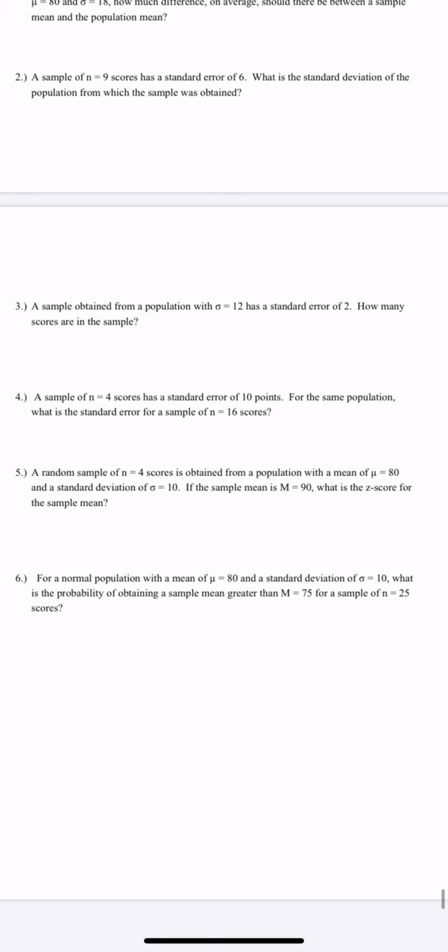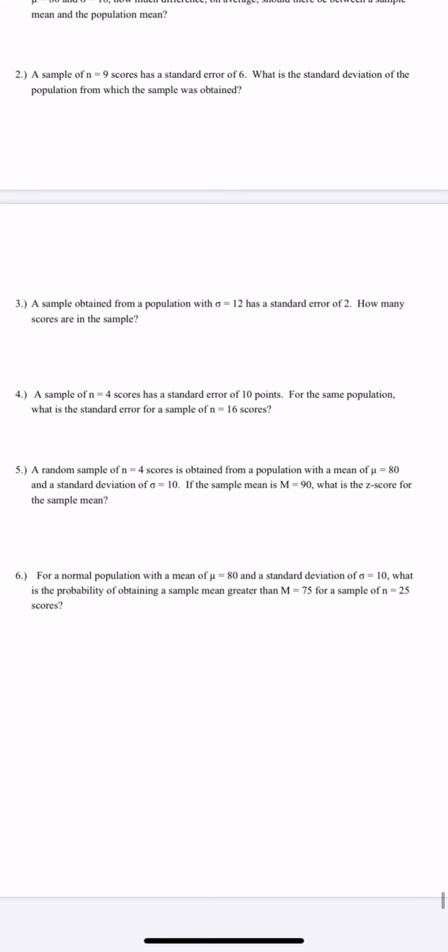And what's the formula for that? You take the standard deviation divided by the square root of n, and n is 25. So the square root of 25 is 5, right? 10 divided by 5 is 2. So negative 5 divided by 2, z equals negative 2.5.